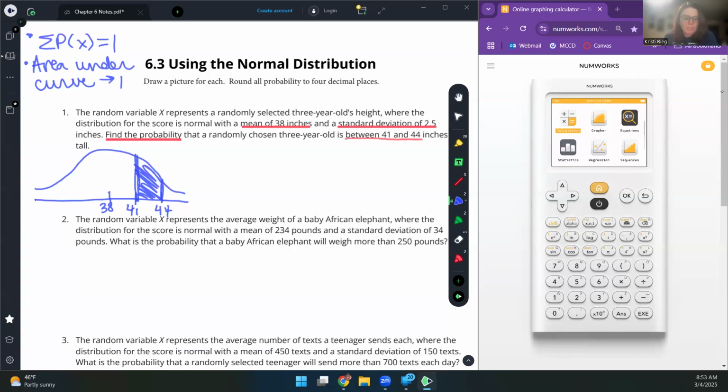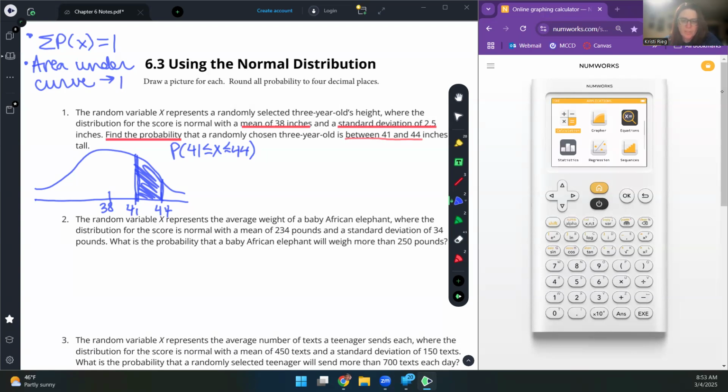So we are looking for the probability that x is between 41 and 44. And we can put the lines or not put the lines, just like we've talked about before. It doesn't matter if it's equal to or not equal to, because we're talking about area. But that's what we're trying to find on this problem.